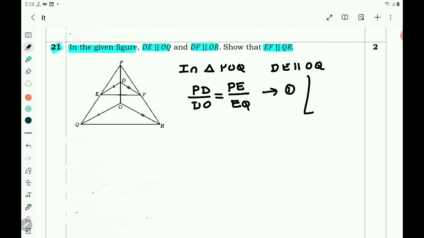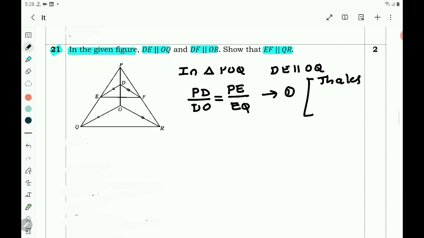The reason is Thales theorem, or BPT, basic proportionality theorem.